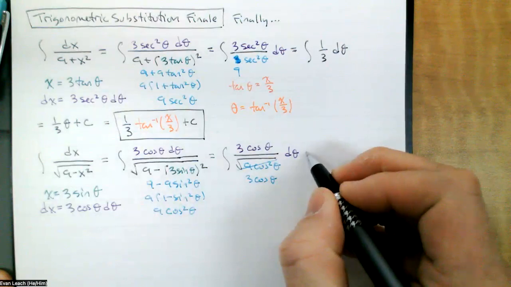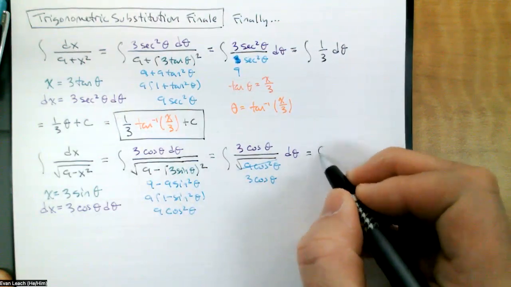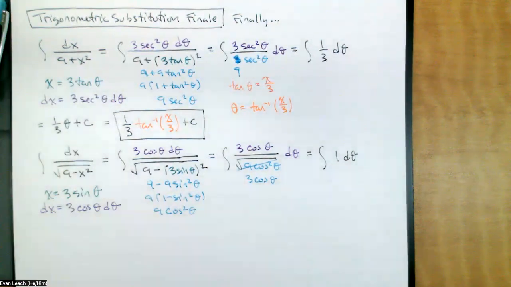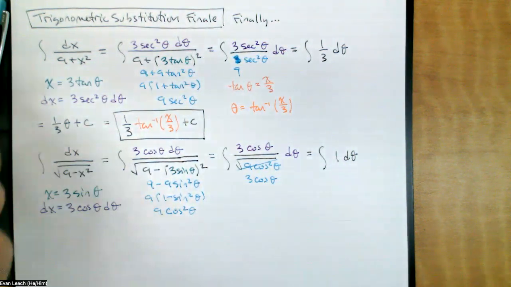So our integral is just going to be 1 d theta. Now we can see why our arcsine does not have the coefficient 1/3, but our arctangent does have the coefficient of 1/3.